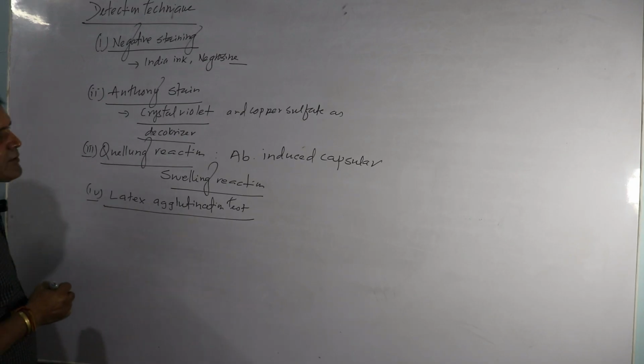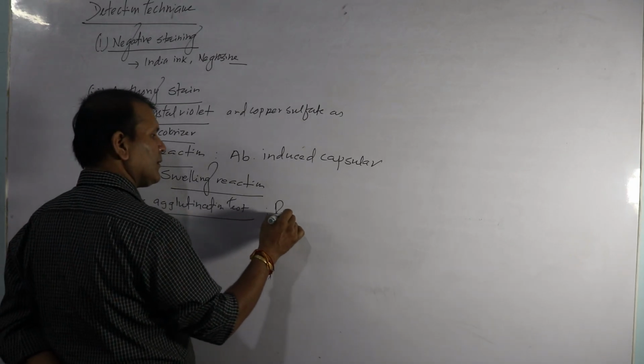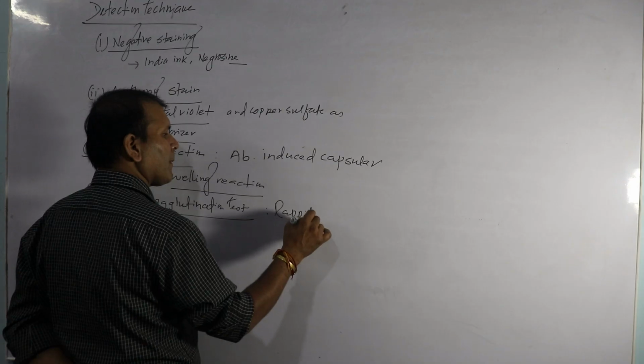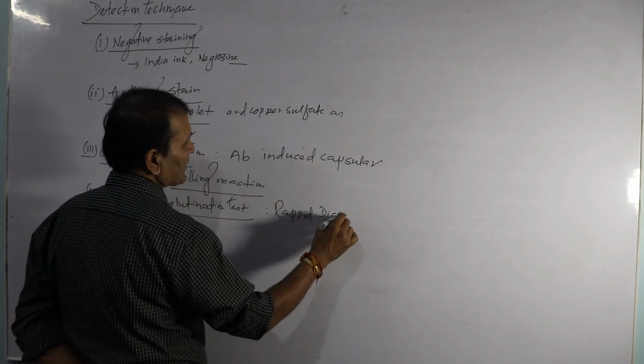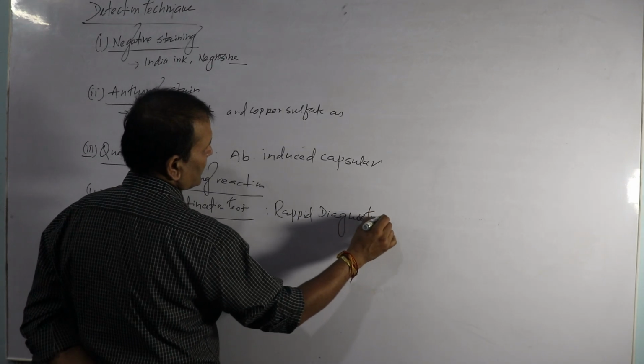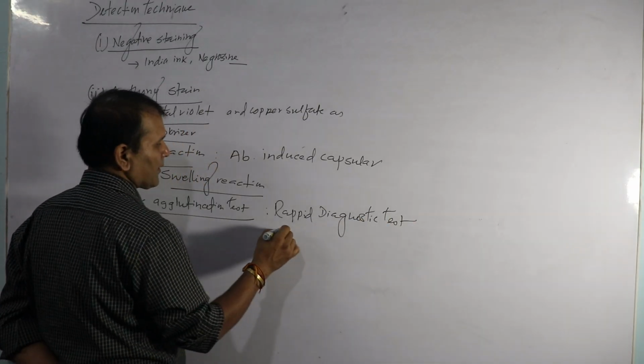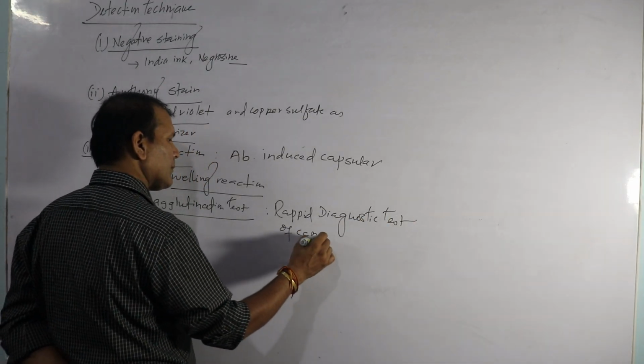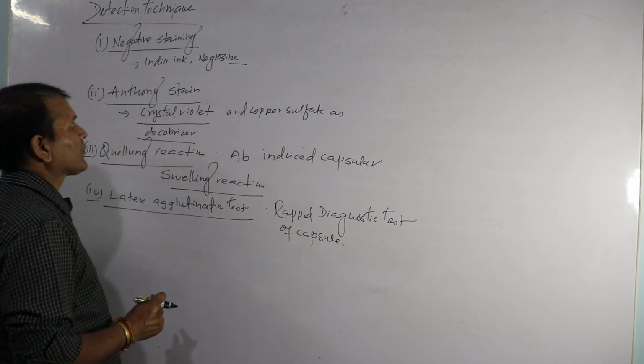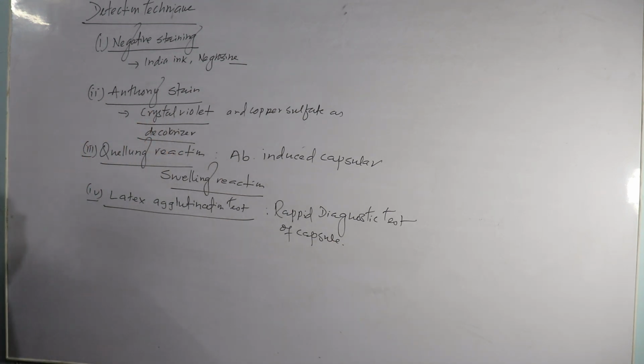It is a rapid diagnostic test of capsule. So these are the procedures, methods or techniques that we use for the detection of capsule in a bacteria. The most common method is the negative stain, another is the Anthony stain, and the Quellung reaction and latex agglutination.